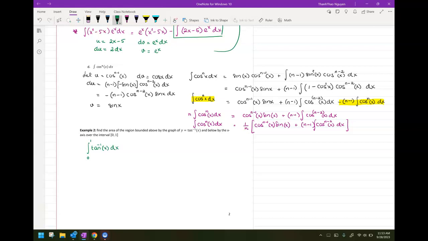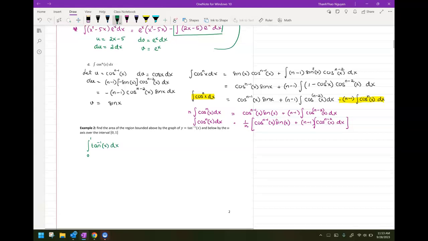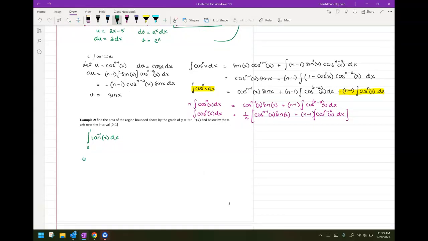I will go ahead and let u equal tangent inverse of x. So du is equal to 1 over 1 plus x squared dx, and I let dv equal dx. So v equals x.